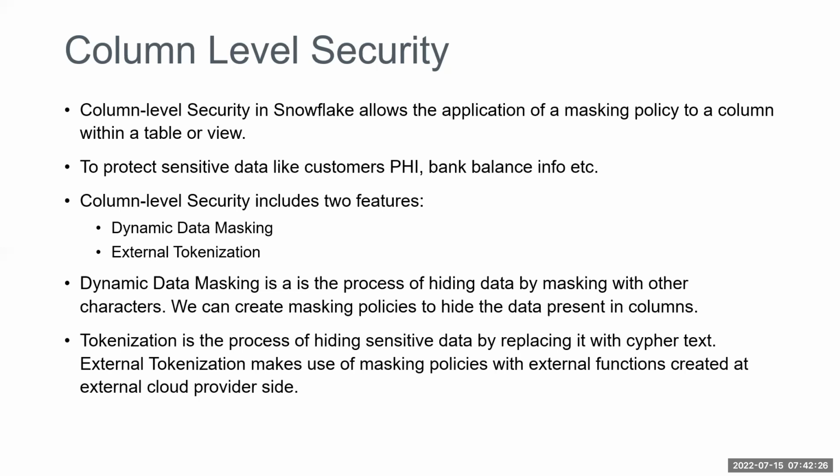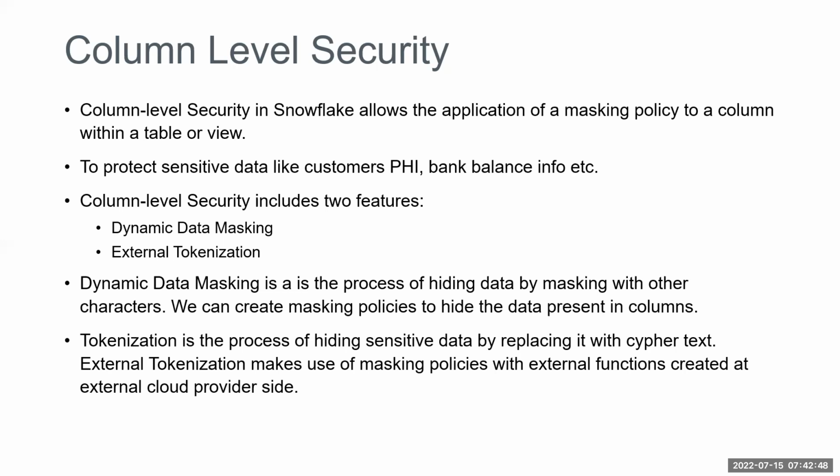Suppose I have some PHI information; instead of it, I can simply put stars. If I have bank balance, instead of it I can simply put zeros or 999, some default number for every customer. We can apply those masking policies by using dynamic data masking.